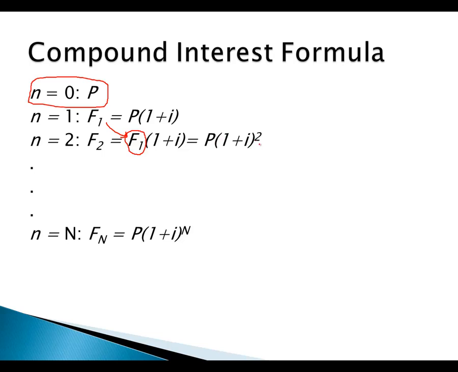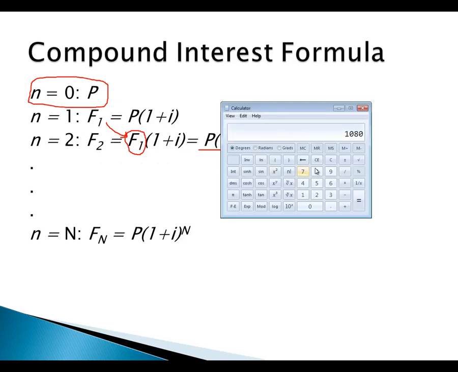And that's the amount for the second year. Again, maybe it will be easier in the calculator. So you have 1.08, that's 1 plus 0.08, 1 plus the interest.